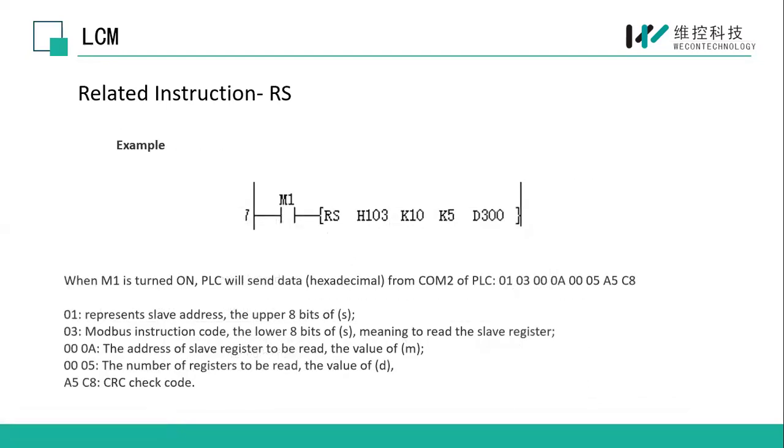We can see this example, RS H0203. If we want to communicate with the Modbus slave number 2, I need to set the high bit here to 2.